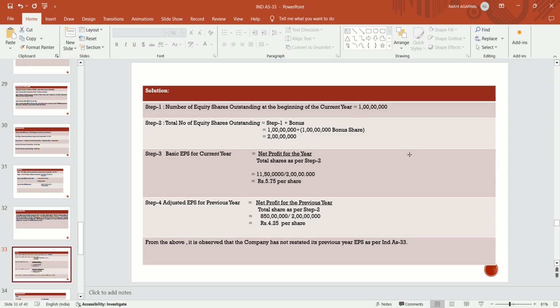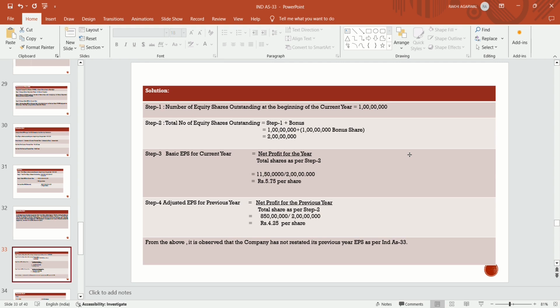Now the total number of equity shares outstanding: the bonus is given at 1:1, so the 1 crore existing shares will get 1 crore bonus shares. So the total number of equity shares outstanding after giving the bonus effect will be 2 crores. Even though the bonus is issued in the middle of the year, it will affect the existing shareholders only.